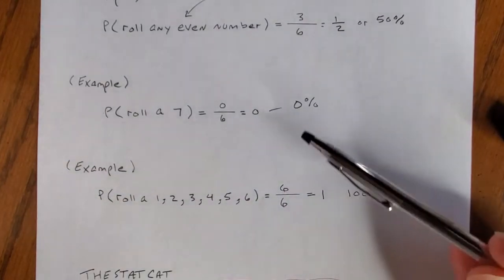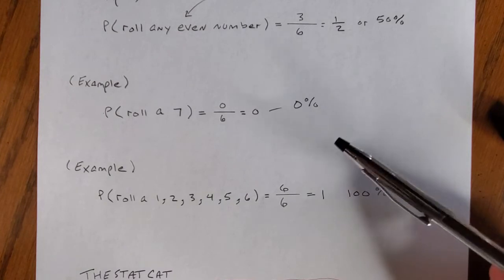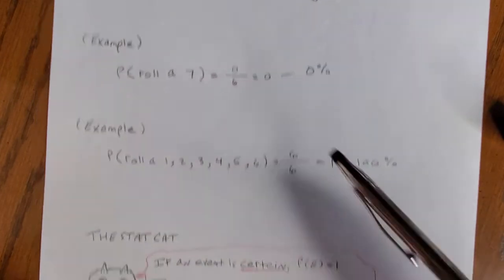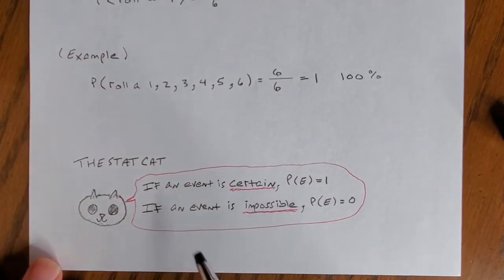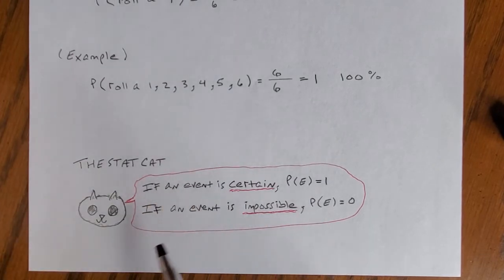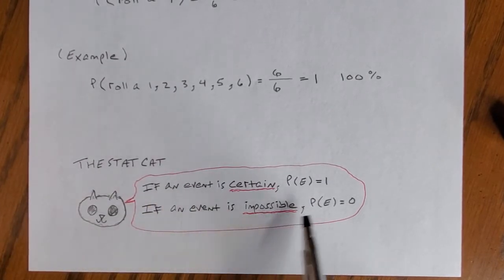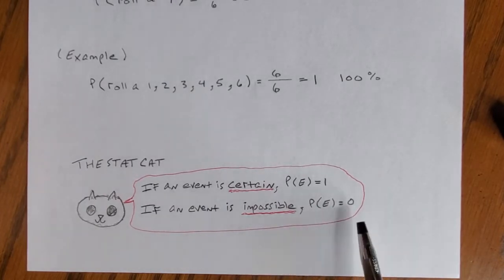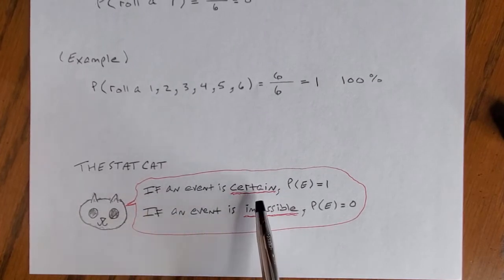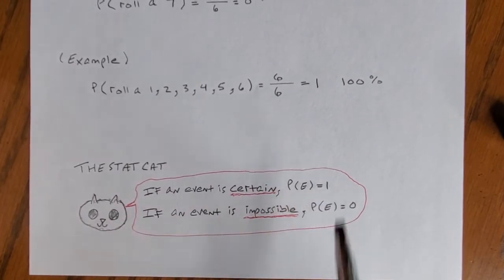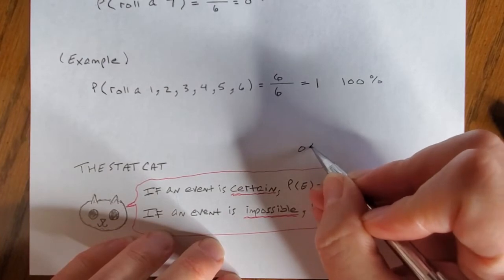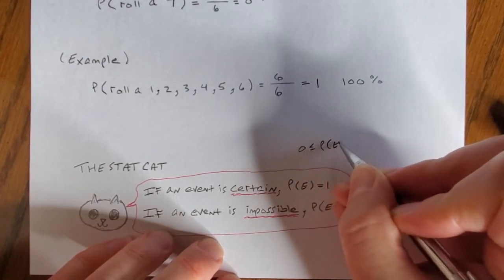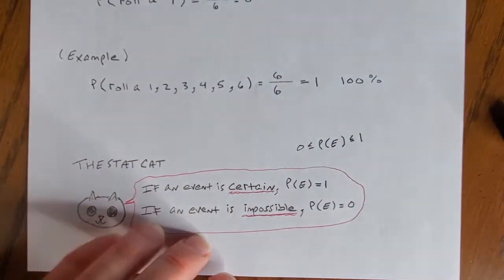Now, these are the extremes for probability. 0 means impossible. The StatCat is going to tell us a little bit about this. If an event is impossible, its probability will be 0. So if you know it to be impossible already, you can just state it to be 0. And if an event is certain, the probability is going to be 1. Everything else is somewhere in between. So for any event E, its probability will be between 0 and 1.